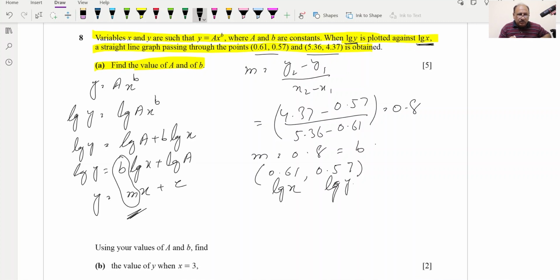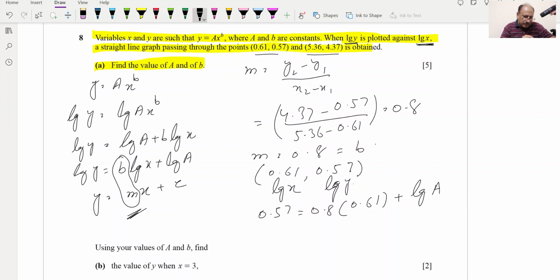And we can write log y, we can rewrite it as 0.57 is equal to y is equal to mx, which is 0.8, x is 0.61, mx plus c, which is basically log a.